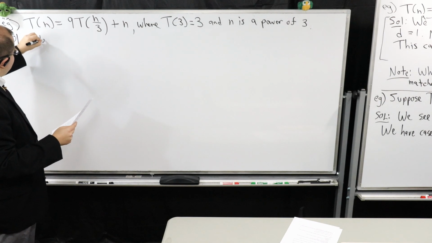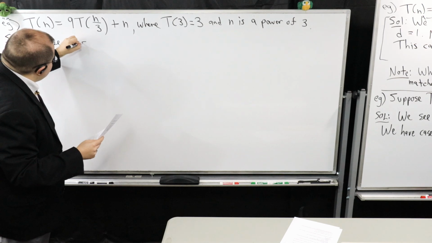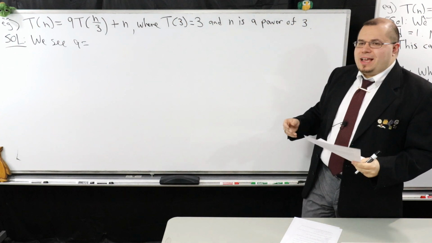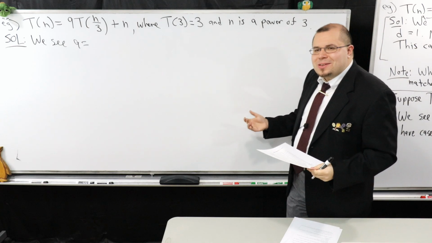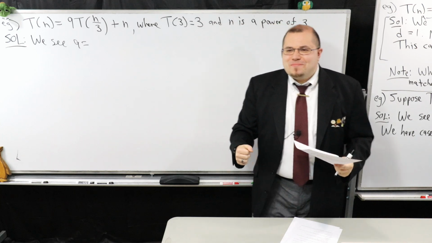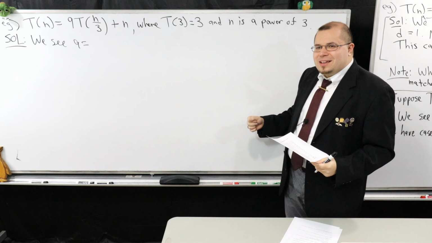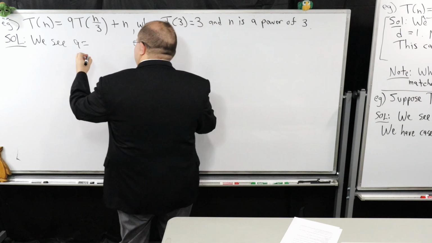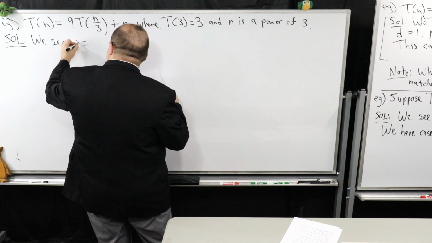So I'm going to say we see A is equal to what? What is A here? Can somebody tell me what A is? It's 9, exactly. Though my A looks kind of like a 9.